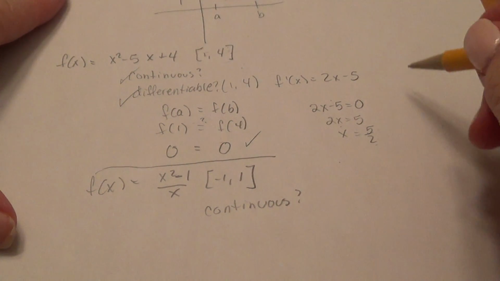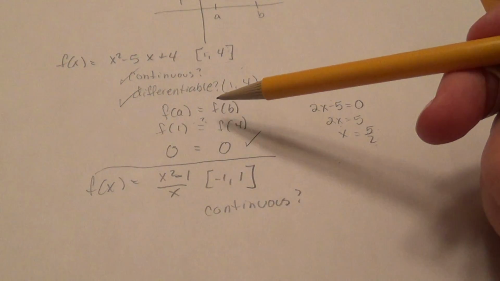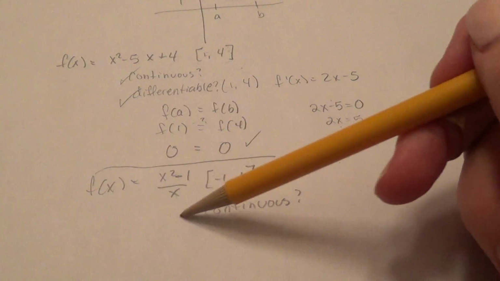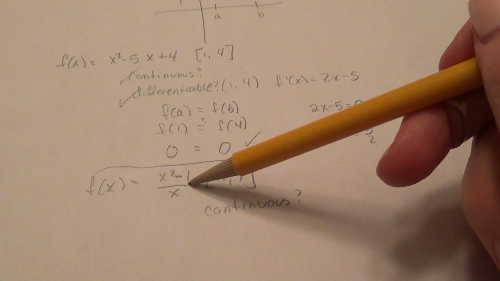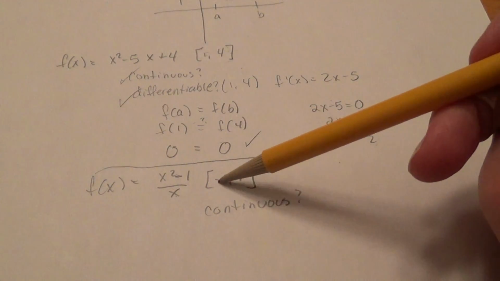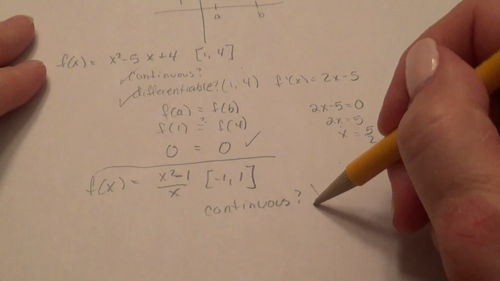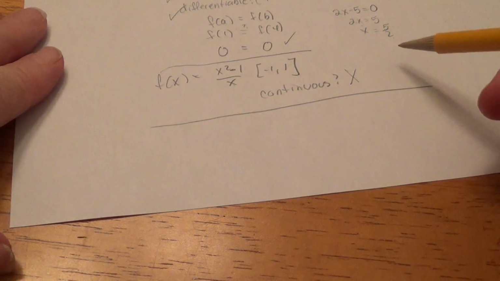And the answer is no, it is not, because we cannot have x equals 0, because that would create a denominator of 0. So this is not a continuous function everywhere in this interval. Therefore, we cannot use Rolle's theorem. It does not apply to this particular problem.